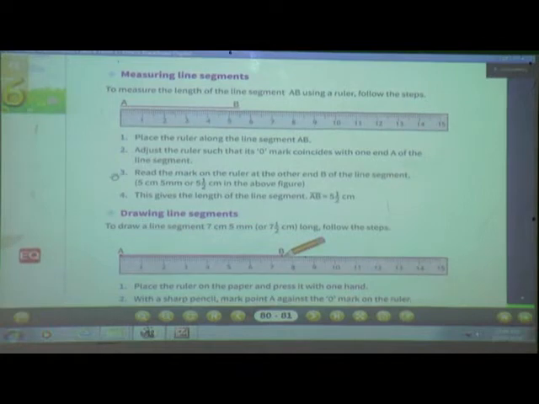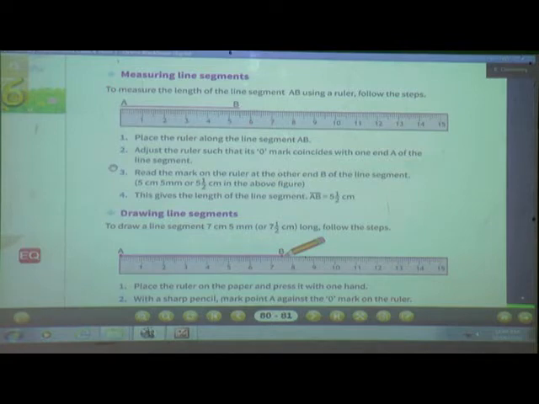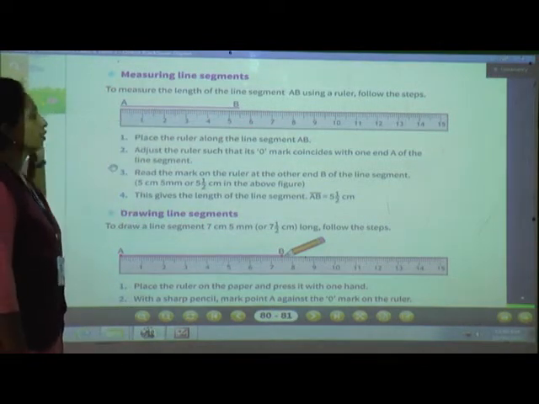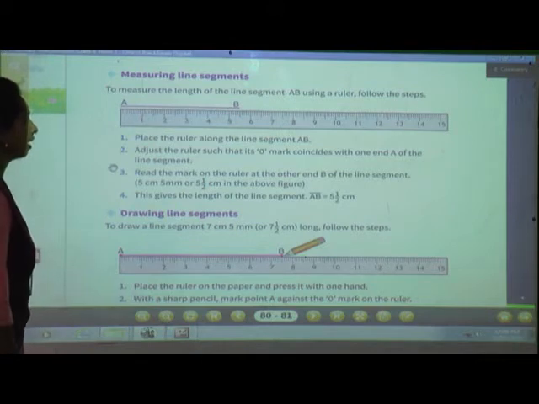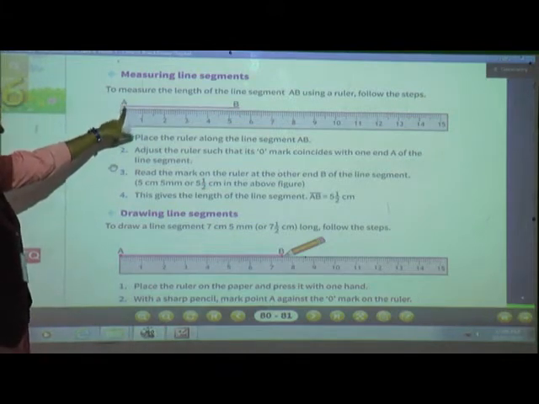Now, measuring a line segment. To measure the length of line segment AB using a ruler, follow the steps. Now what you are going to do? You have to take out your scale. Everyone has a scale? Yes. Now you have to take out your scale and measure the length of line segment AB.